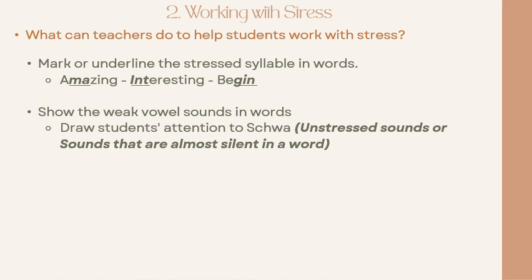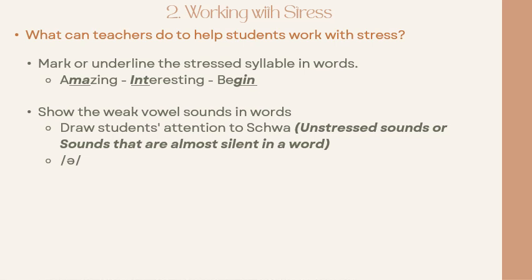So let's look at the sound again, shown by the phonetic symbol, an e upside down. This sound is usually silent when it appears in a word. For example, you can try pronouncing all of these words yourselves just to see whether it's true or not.